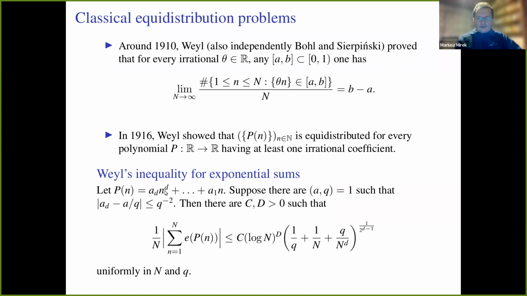It says that if we have a polynomial, and for instance, if the leading coefficient is approximated by a rational fraction in this way, then this normalized exponential sum can be estimated in this way, uniformly in N and Q. I was unable to find this inequality explicitly in Weyl's paper, but of course, the method that leads to this conclusion is very clearly stated in Weyl's paper.